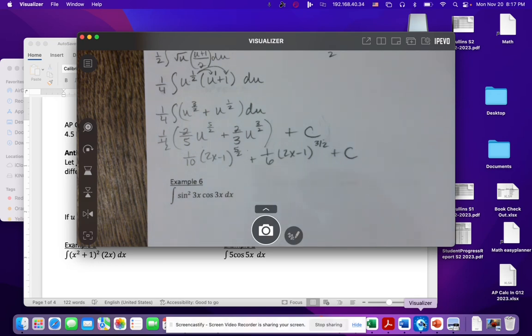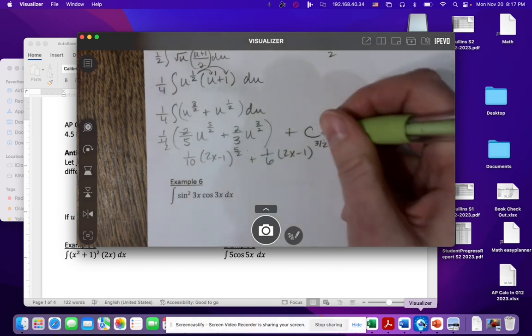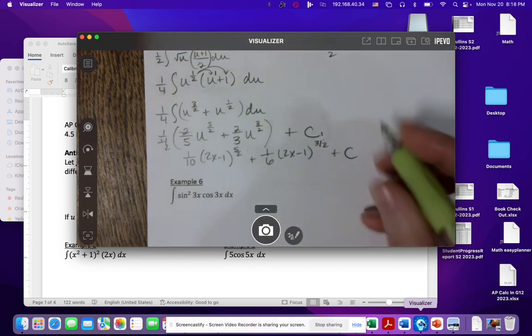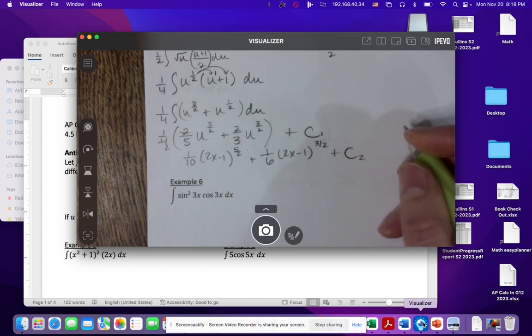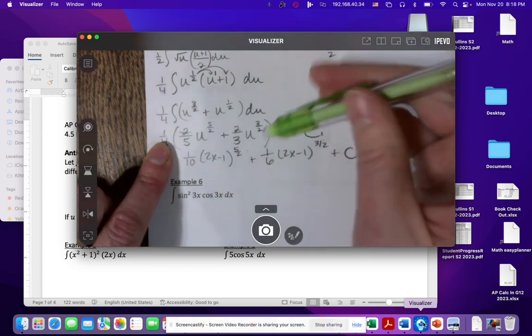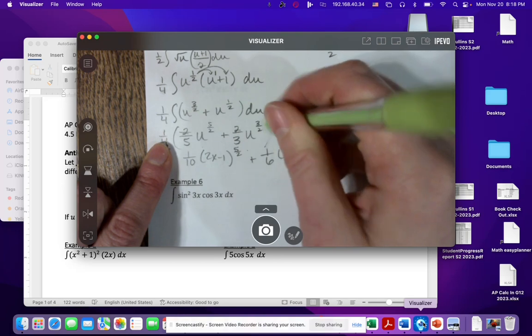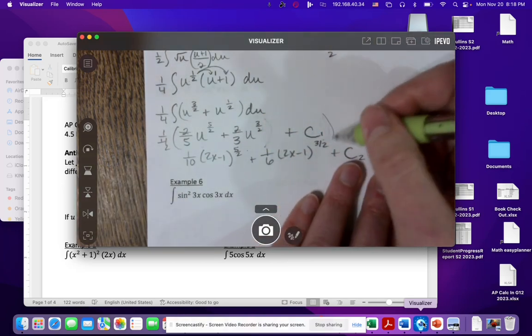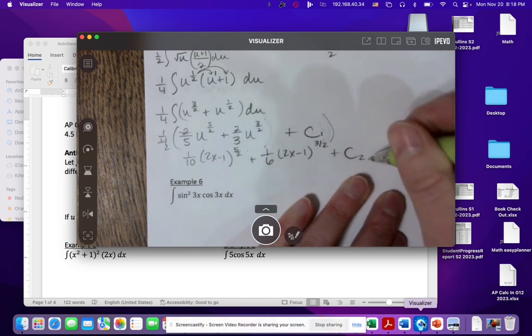So you'll watch when we work in the next couple chapters, like this might be a C1, and then my constant in the very end is different, and that might be a C2, because sometimes I've had to distribute a 1/4 to them, or I've had to do something else to it, and the constants are a little bit different. So they might get around it by putting a C1 here and then a C2 down here.